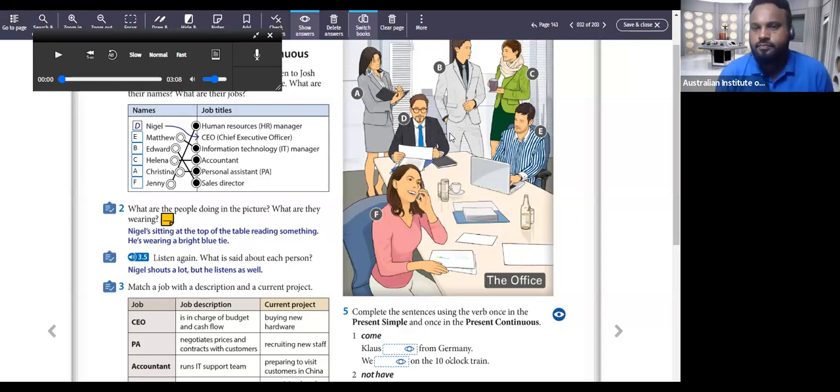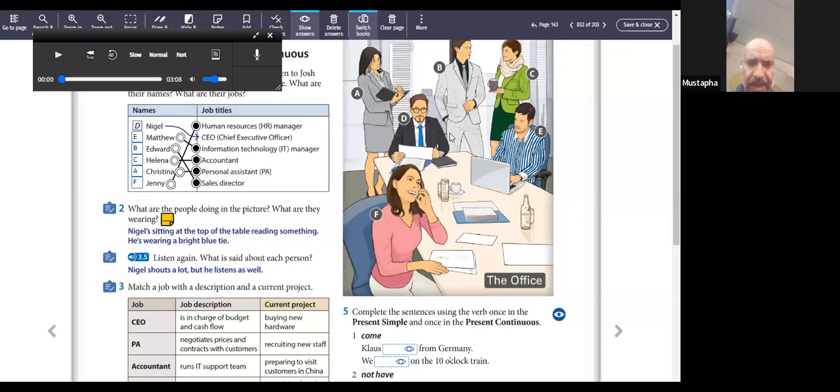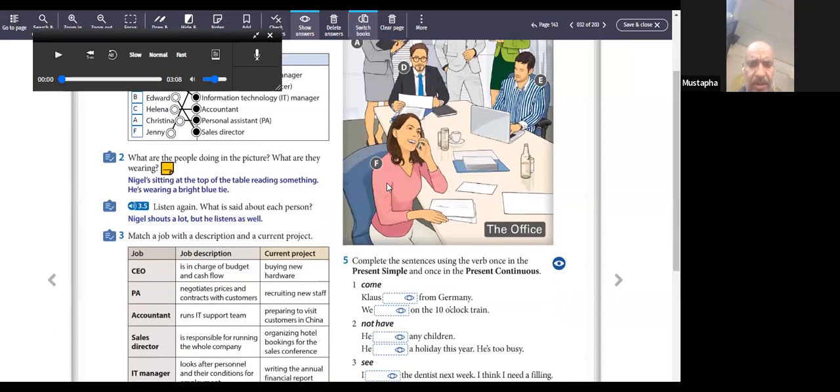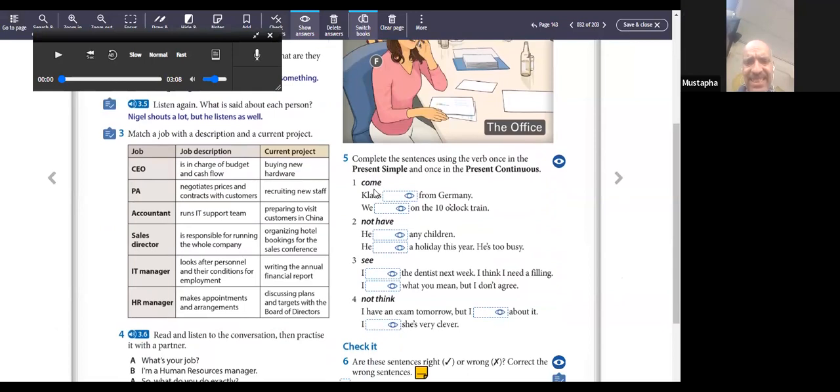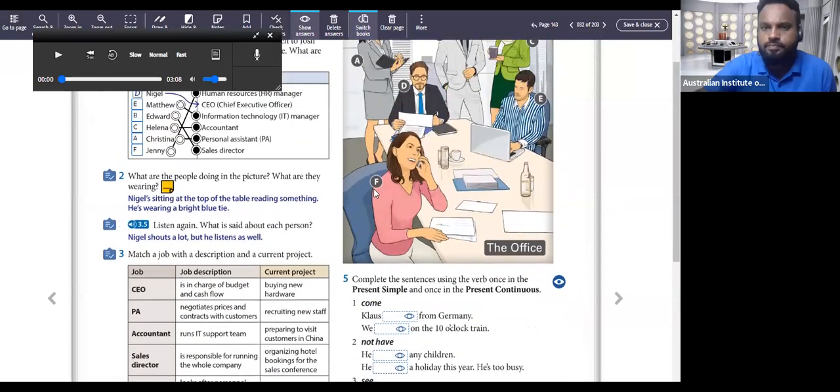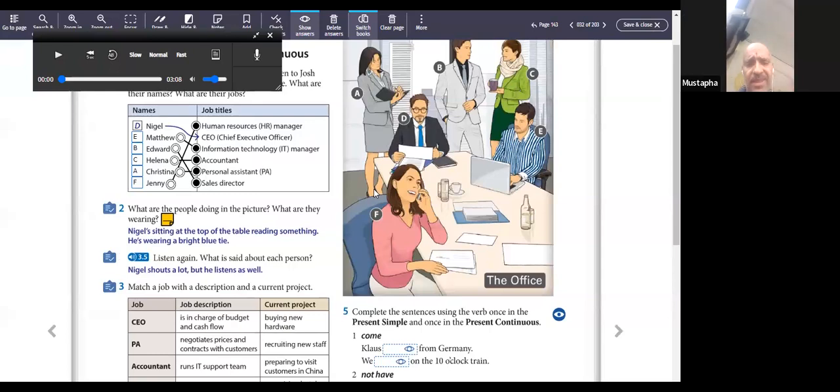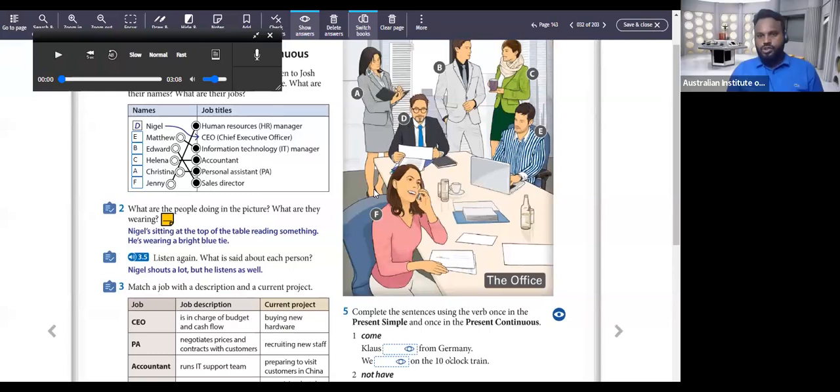And we have, okay, Matthew, number E. What is about him? Matthew is wearing a check blue shirt, doing something on the computer, and there was something told about him.